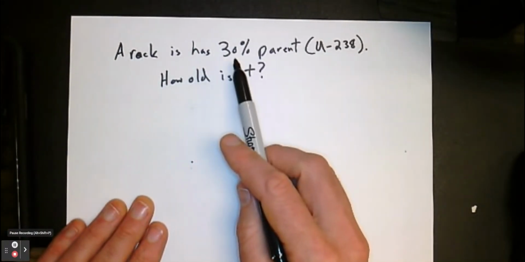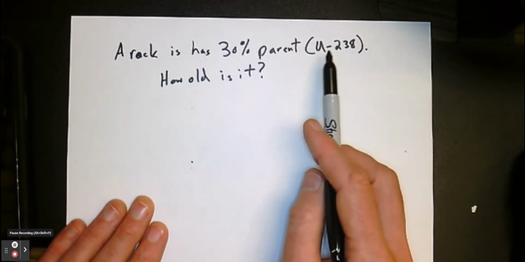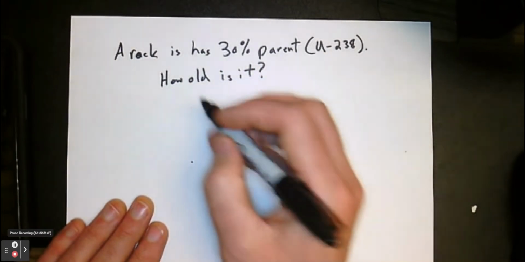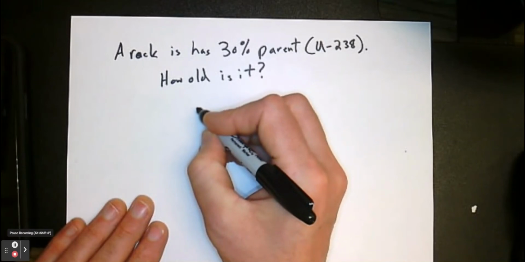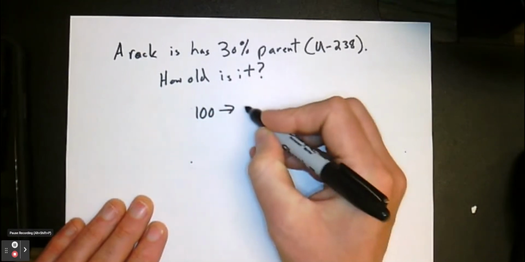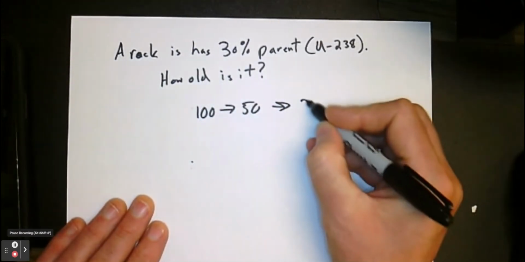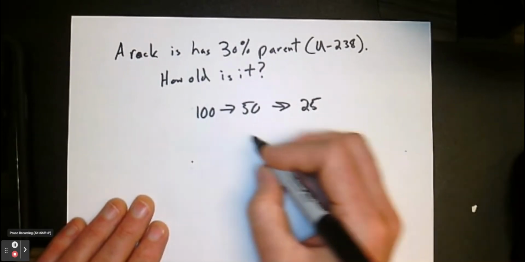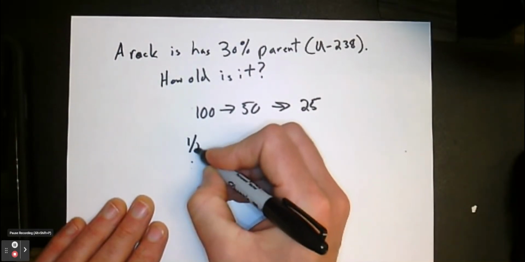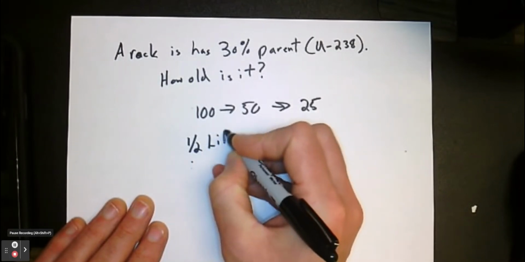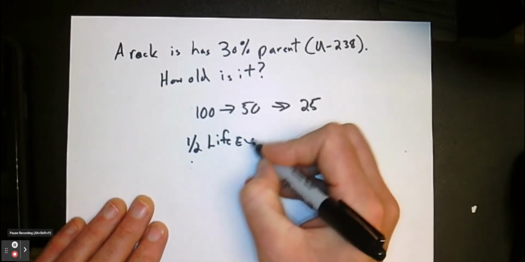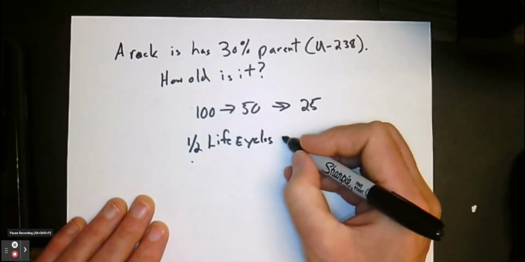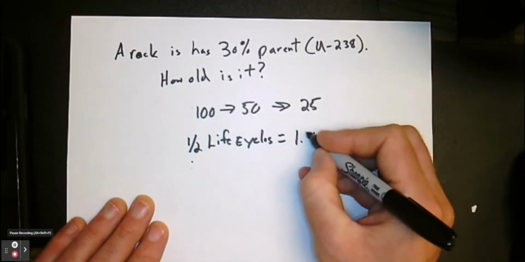A rock has 30% parent, and it's U-238. How old is it? Well, 30% parent: it starts at 100, then 50, then 25. So 30 is in here. It's almost through 2, but not quite. So the half-life cycles equals 1.8.